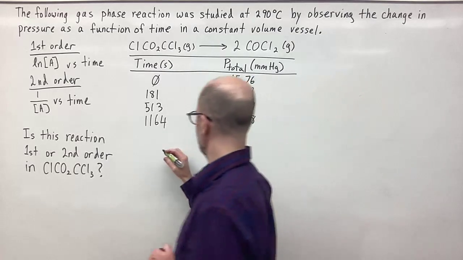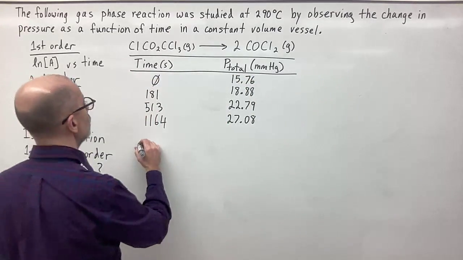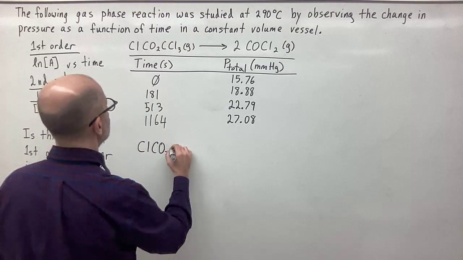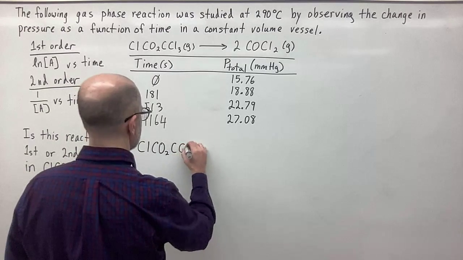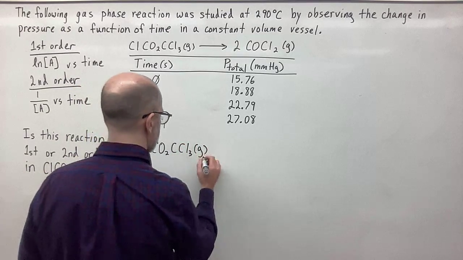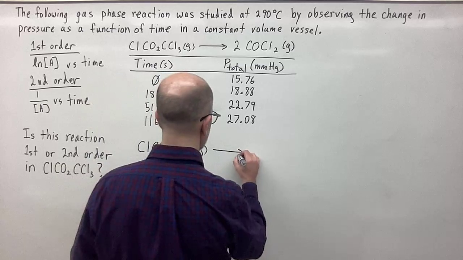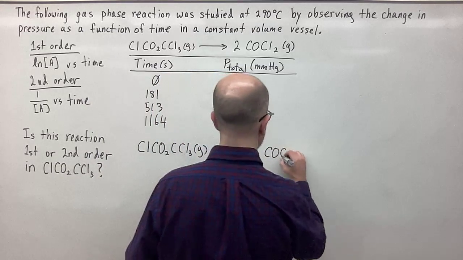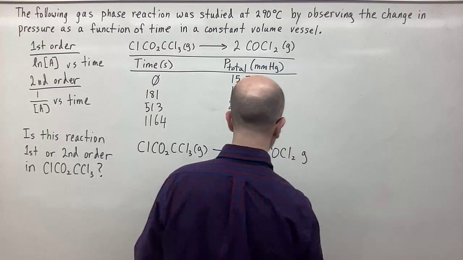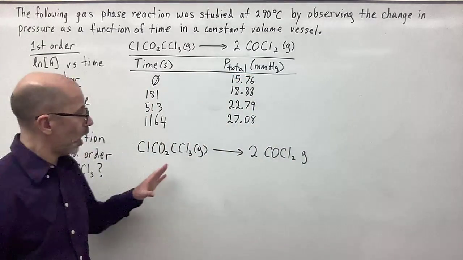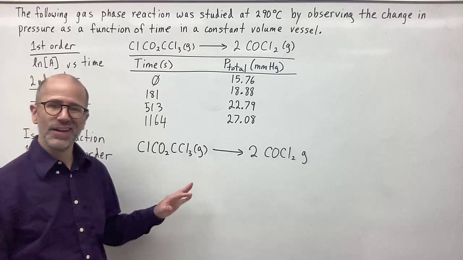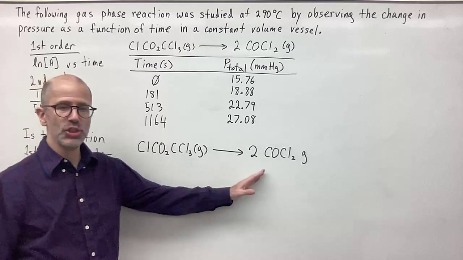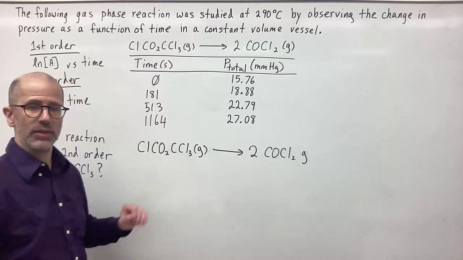So if I rewrite the reaction down here, we have ClCO2CCl3 gas goes to 2COCl2 gas. We can set up a sort of ICE table in a way, but we've got to look at the change in the two things, right?